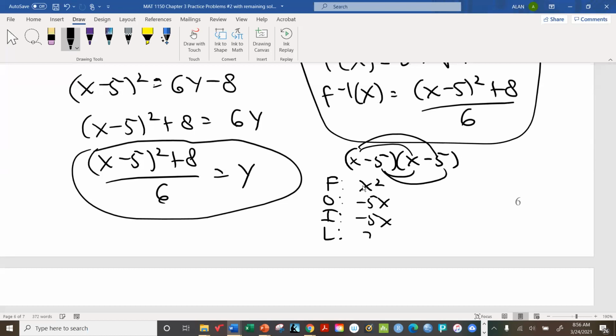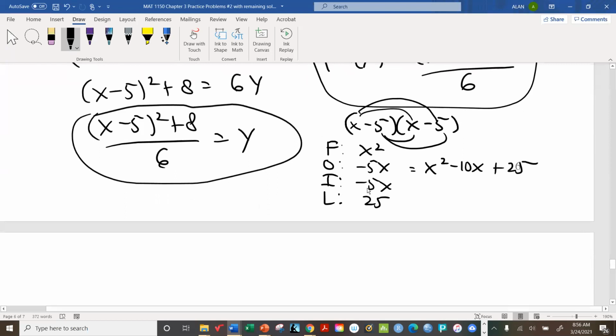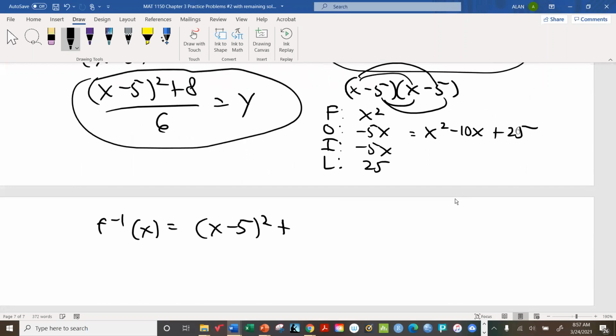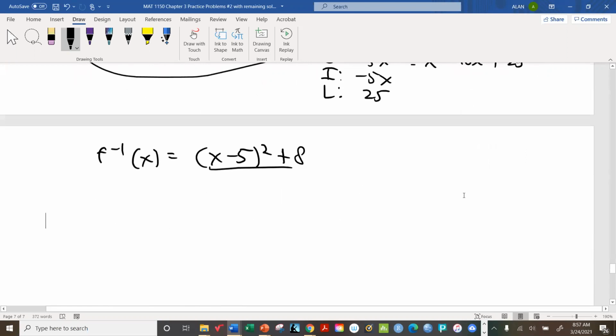Last is 25. So therefore, the solution that we found, (x minus 5) squared plus 8, over 6.